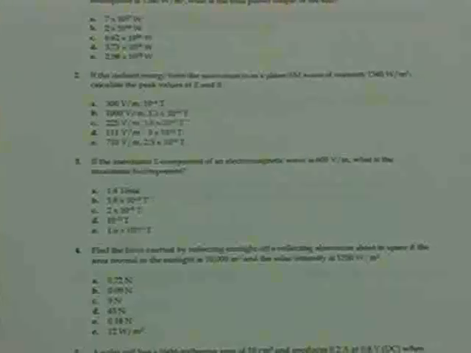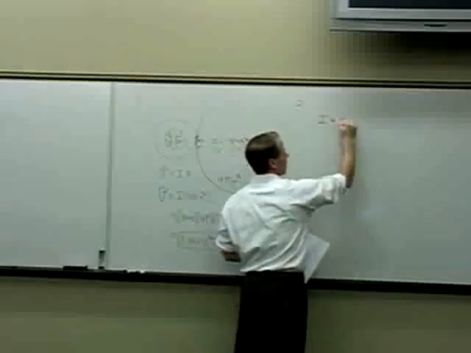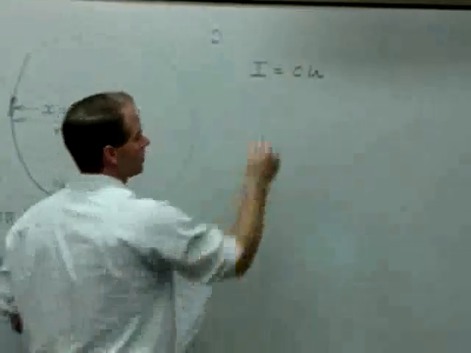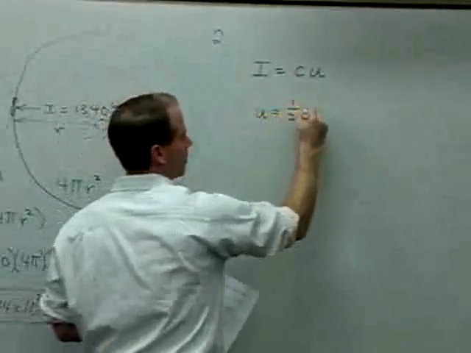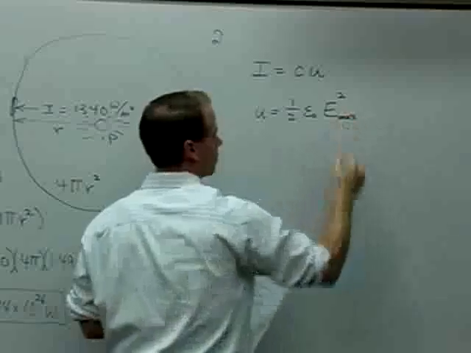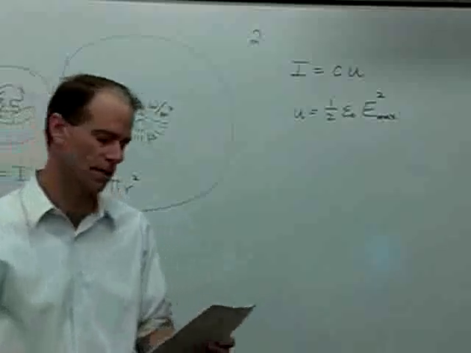Problem number 2. If the radiant energy from the Sun comes in as a plain electromagnetic wave of intensity 1,340 watts per meter squared, calculate the peak values of the electric field and the magnetic field, E and B. Well, intensity is equal to the speed of light times the energy density, and we're representing the energy density by U. The energy density has a value equal to 1/2 epsilon naught times the maximum E field squared.